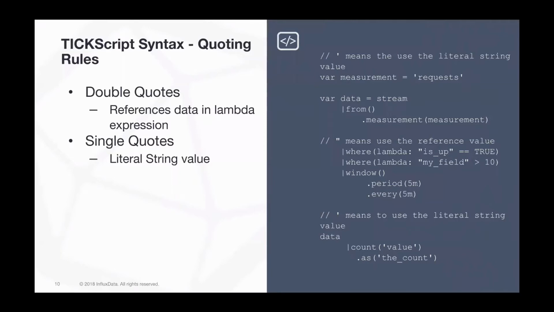All lambda expressions begin with lambda as the keyword. You can see that defined there, where it's the pipe where, then lambda colon, and then the expression that you're evaluating. Just to remember, double quotes reference data in lambda expressions, and single quotes represent literal string values.